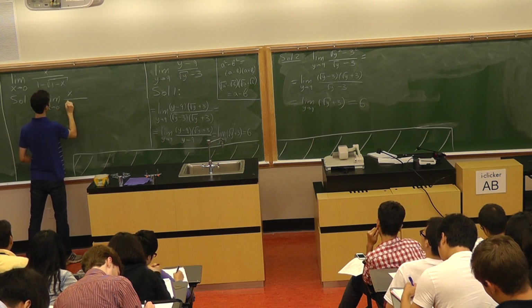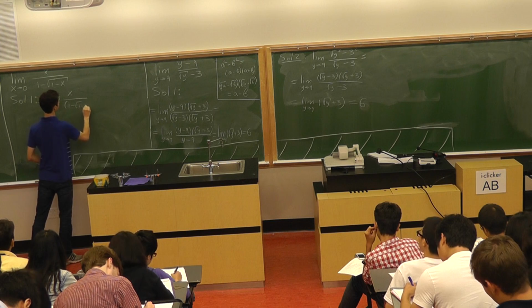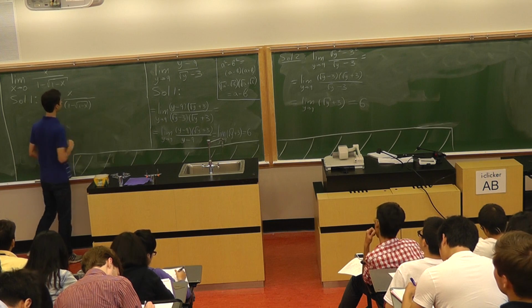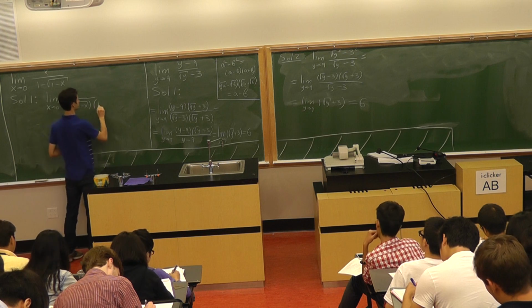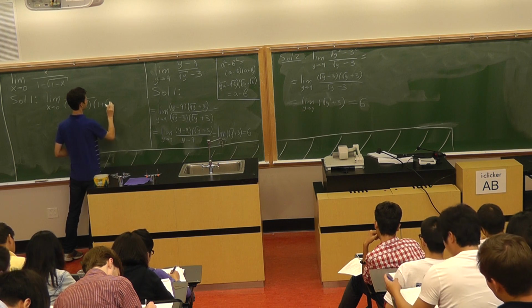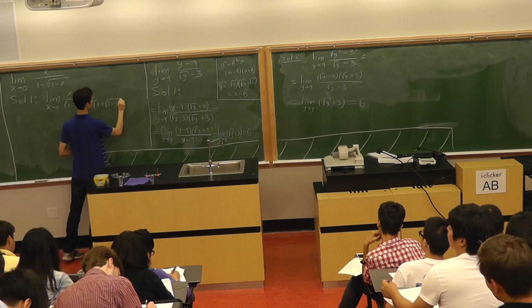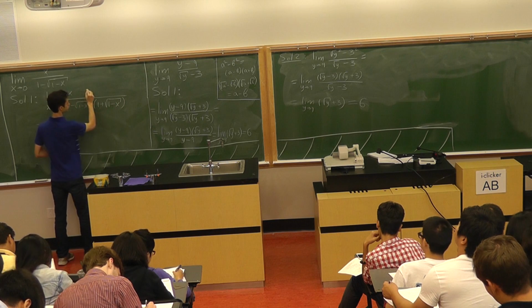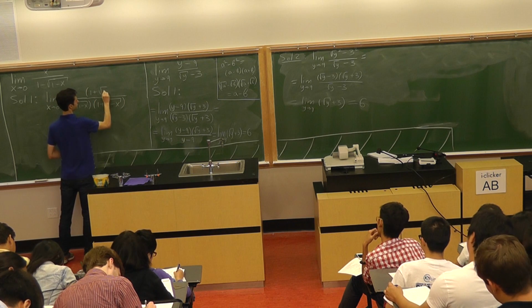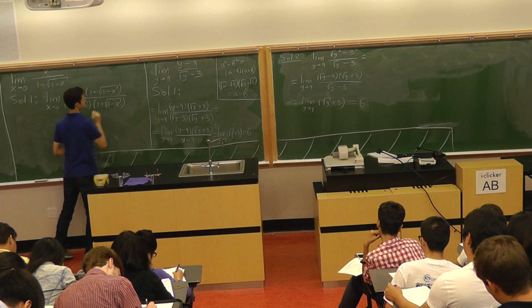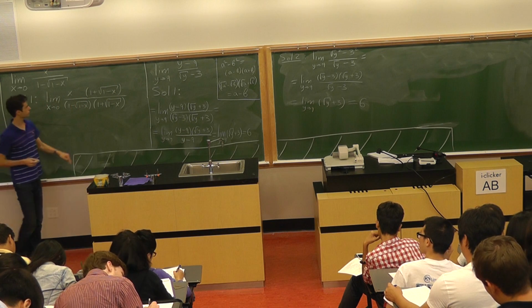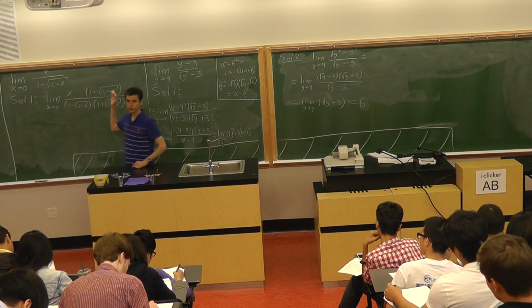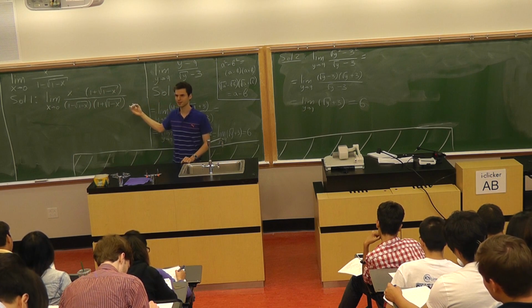Let's take this expression, 1 minus square root of 1 minus x, and now multiply both numerator and denominator by the conjugate expression. Okay, now it looks as we expected.